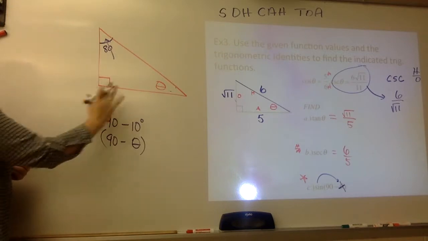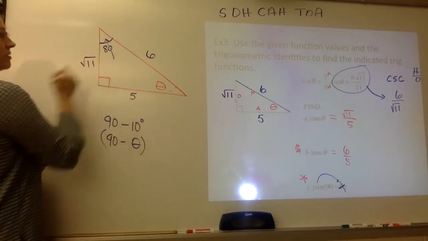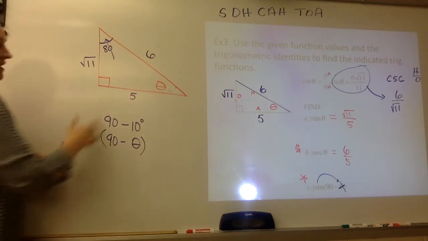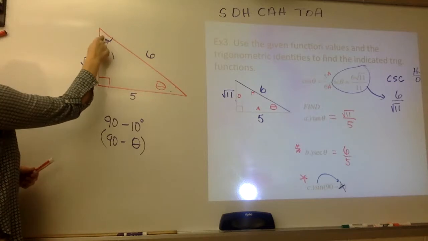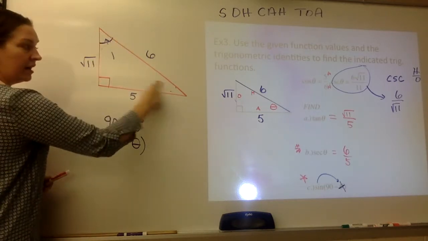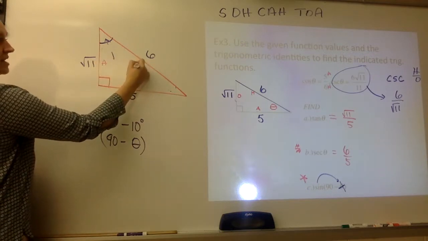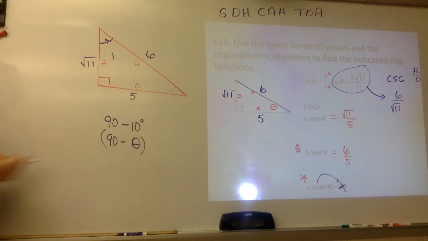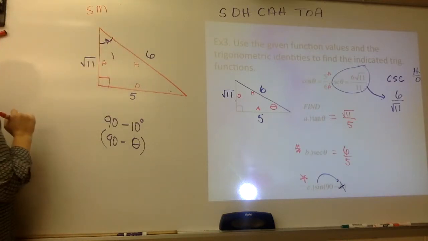So if I look at this triangle, which has the same lengths as what I already found, what switches is that I'm going to erase this 80, and now if this is the angle I'm talking about, not theta, this is the opposite, this is the adjacent, and this is the hypotenuse. So what is the sine of this angle?